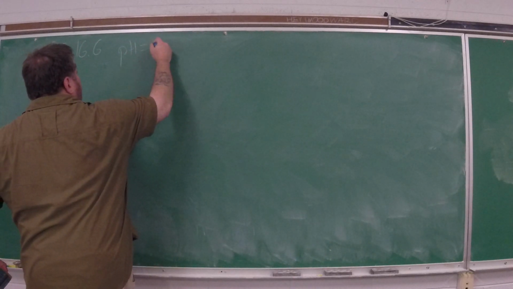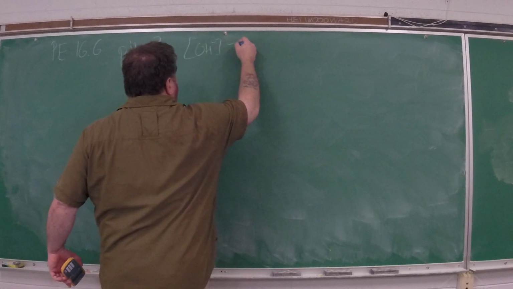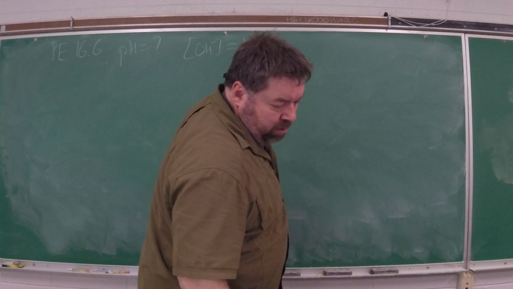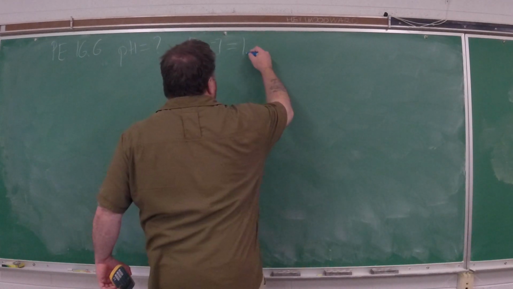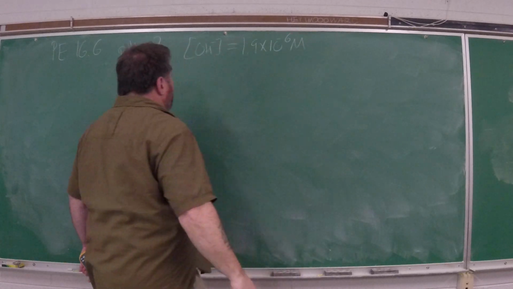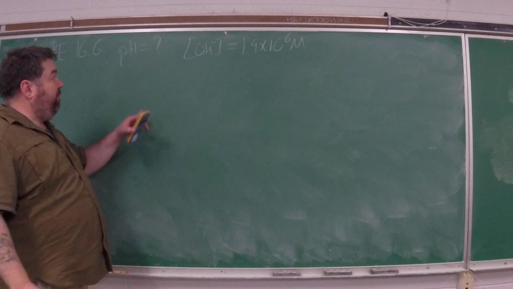So again, we want to know the pH. This time they give us the OH minus concentration equal to 1.9 times 10 to the minus 6 molarity. So this one's just a little bit trickier, though not really, it's pretty straightforward.